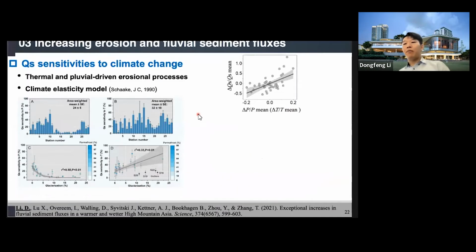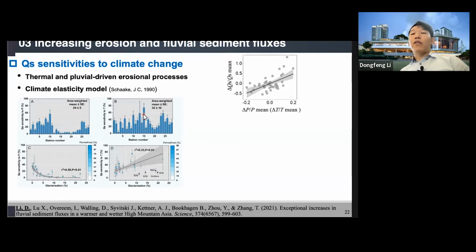And so we know that temperature and precipitation are important. Based on the river sediment and the climate data we have, we estimate the sensitivity of the river sediment flux to climate change. The results show that for every 10% increase in precipitation, it can result in a 24% increase in river sediment.